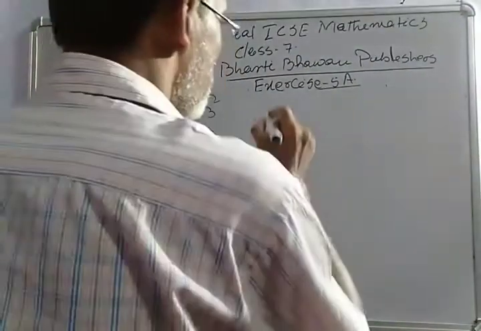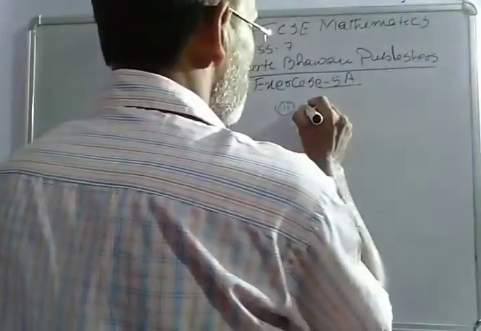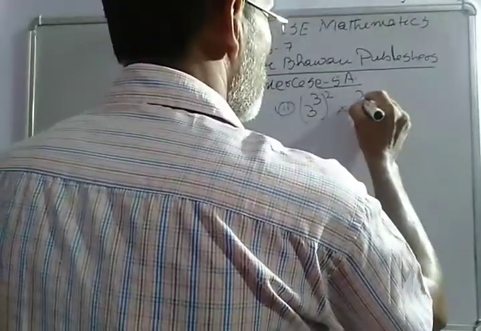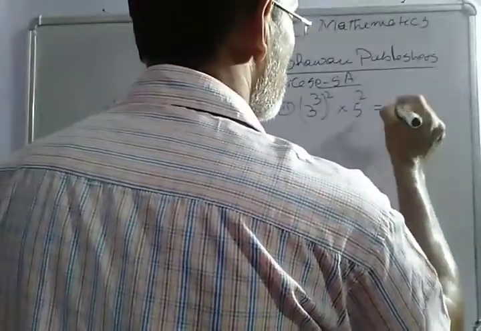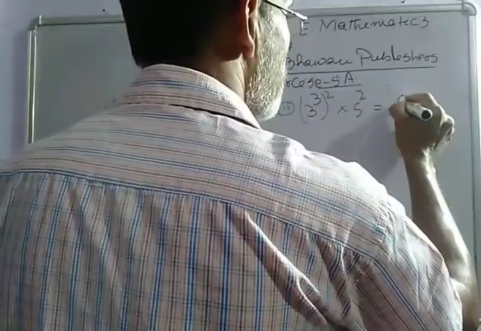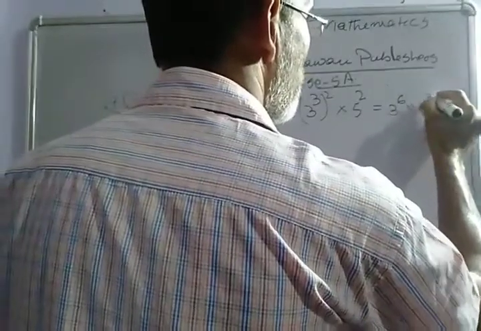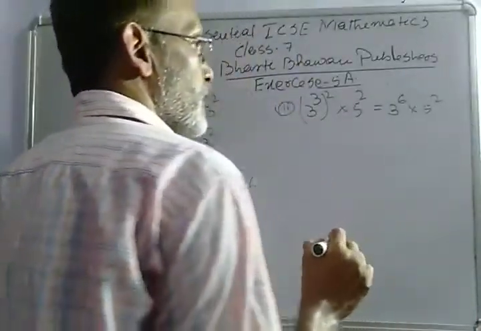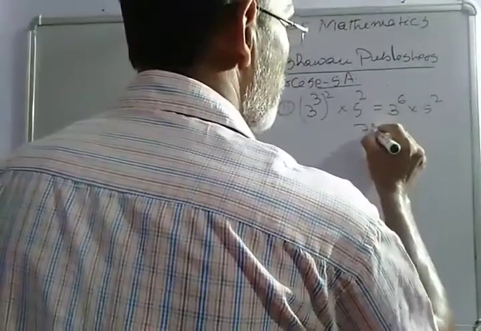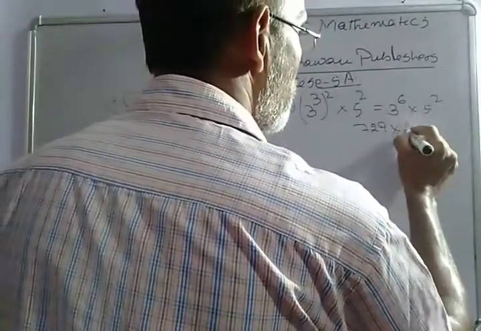The question is number 2. (3 to the power 3) whole to the power 2 into 5 to the power 2. So this is equal to 3 to the power 3 into 2, that is 6, into 5 to the power 2. 3 threes are 9, 9 nines are 81, and 729 multiplied by 25.